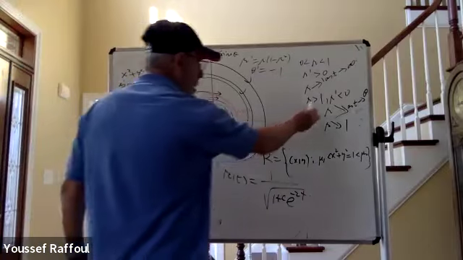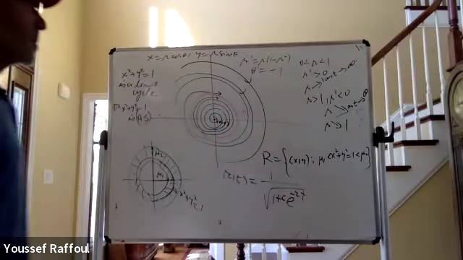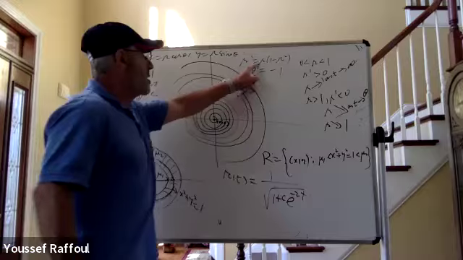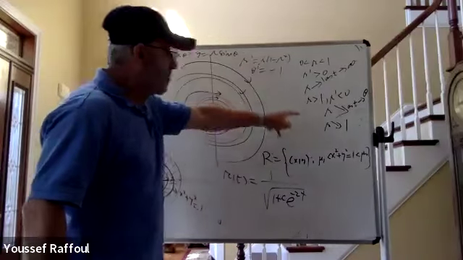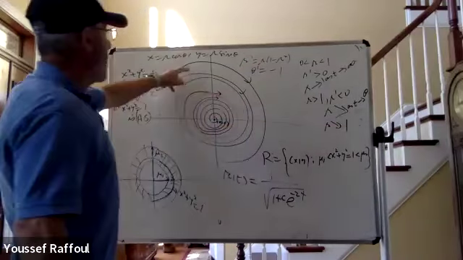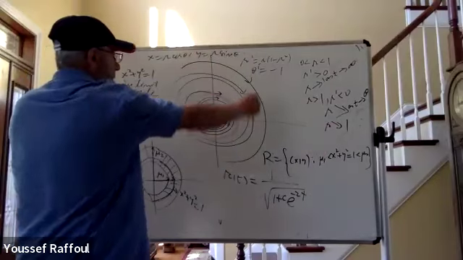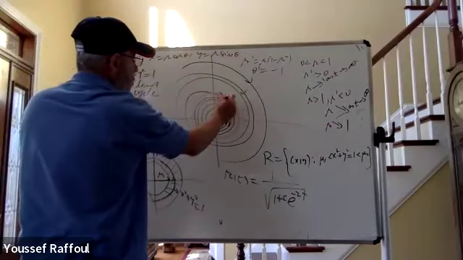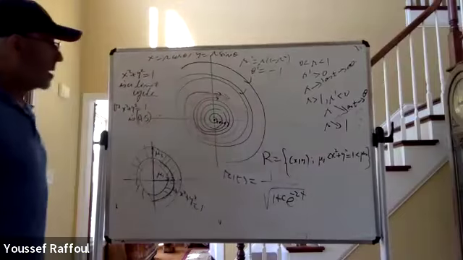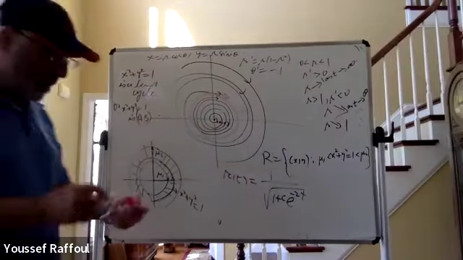Now let's take a look at r bigger than 1. If r is bigger than 1, then r prime is less than 0. That means r is decreasing to 1. So you start here, and it's going to decrease to here. Therefore, x squared plus y squared equals 1 is the limit cycle.